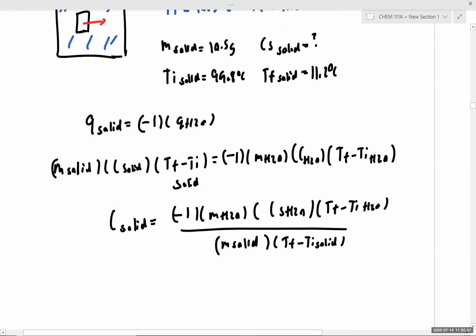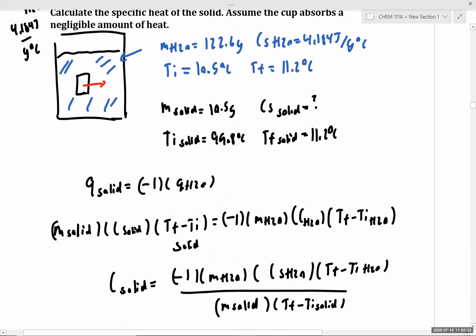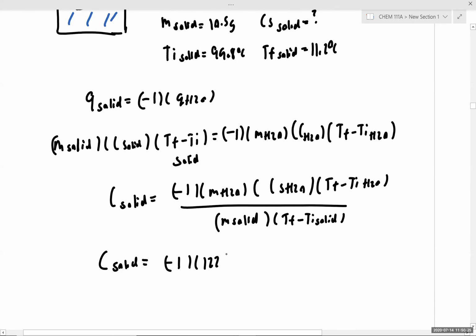Okay, that in turn gives us, for the specific heat of our solid, -1 times, oh, whoops, sorry, I need to use the mass of water, which is 122.6. The specific heat of water is 4.184 joule per gram degrees Celsius.